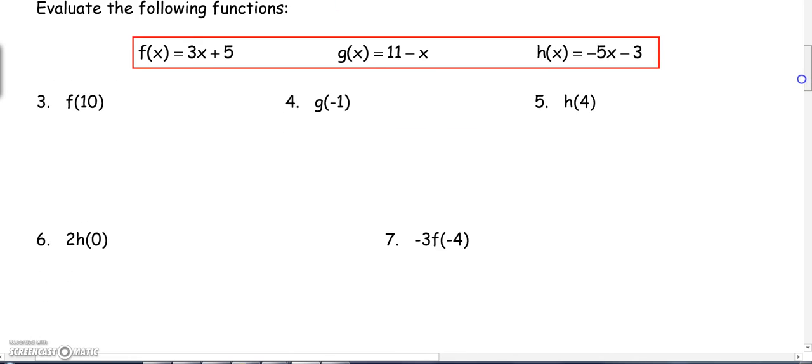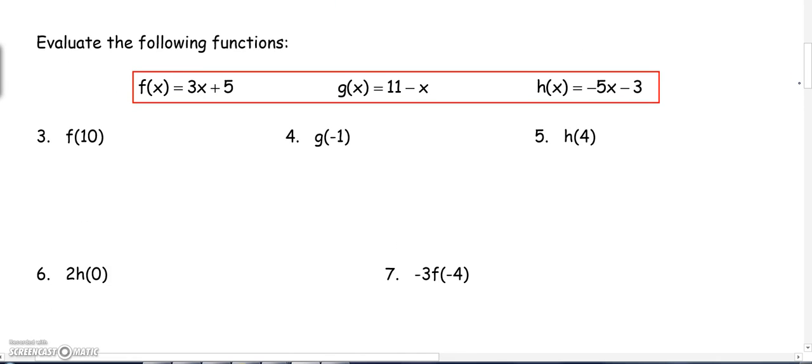So, let's look at using function notation to figure out a problem and solve for a solution. In number 3, we have f of 10. The letter outside of your parentheses is going to tell you what function to use. The number that's in the parentheses is going to tell you what you substitute for x.